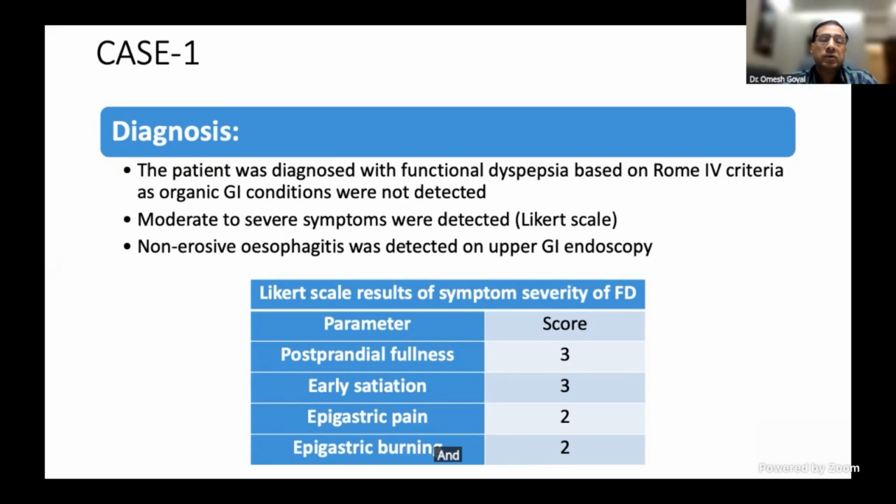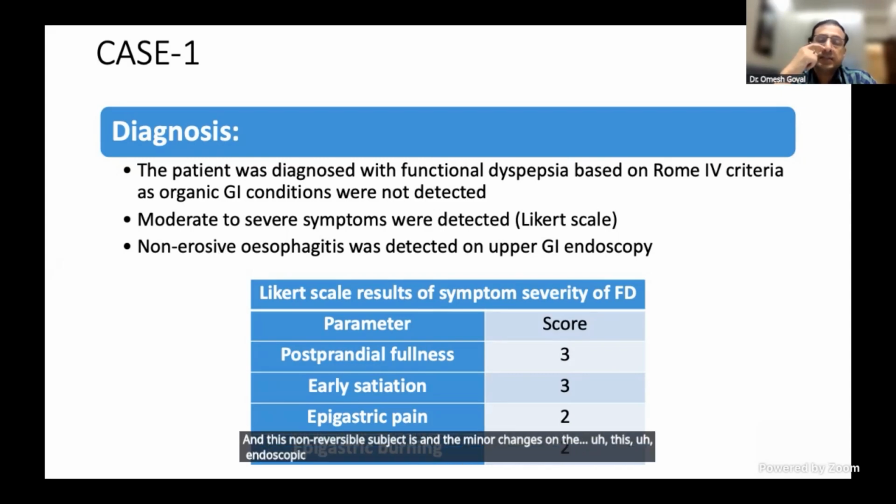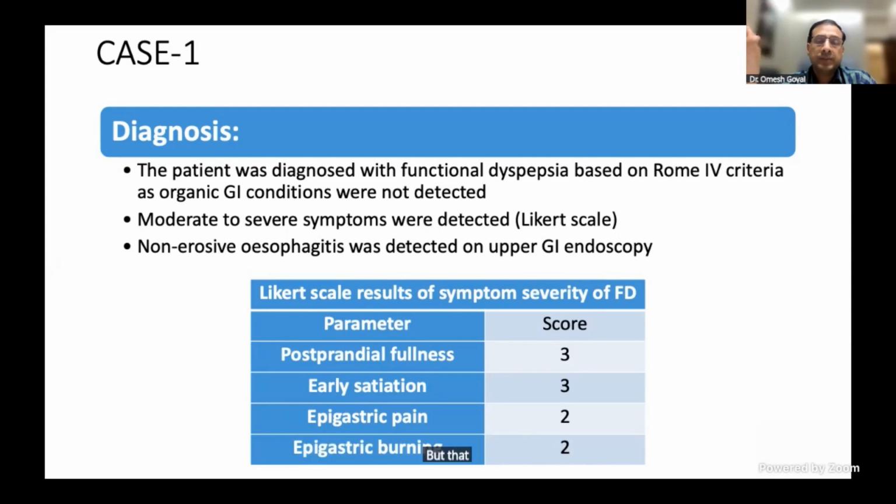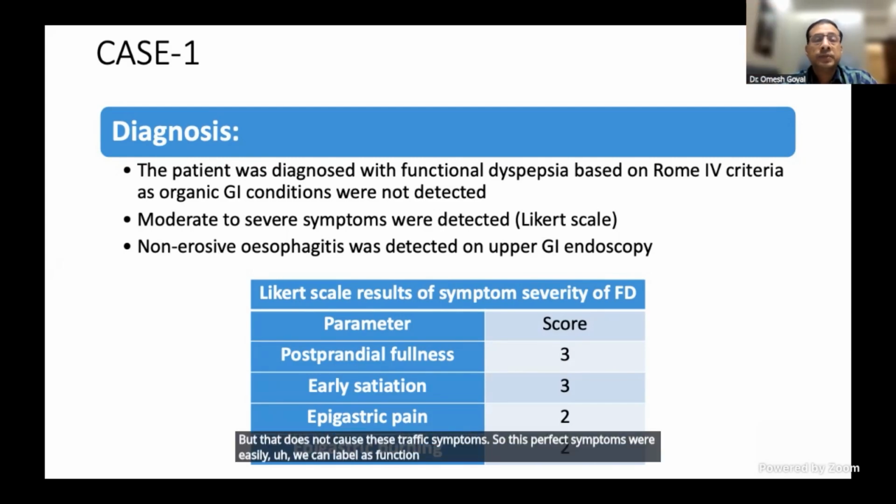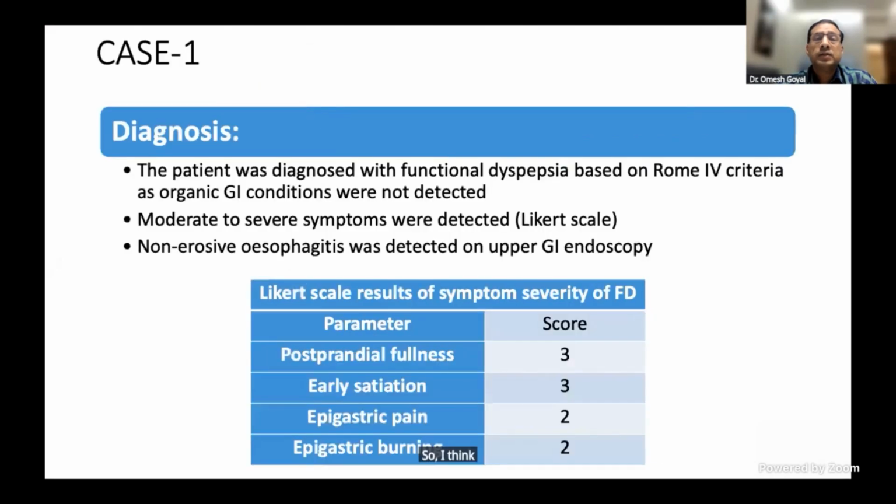Yes, we do label the minor changes detected on endoscopy as ineffective motility, but that does not cause dyspeptic symptoms. So we can easily label this as functional dyspepsia. I think I can stop here, and we can move to the next important part, treatment.